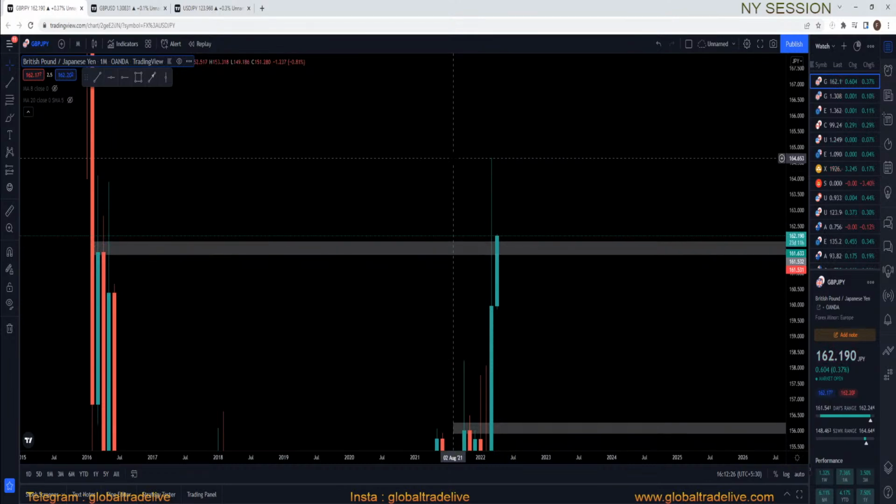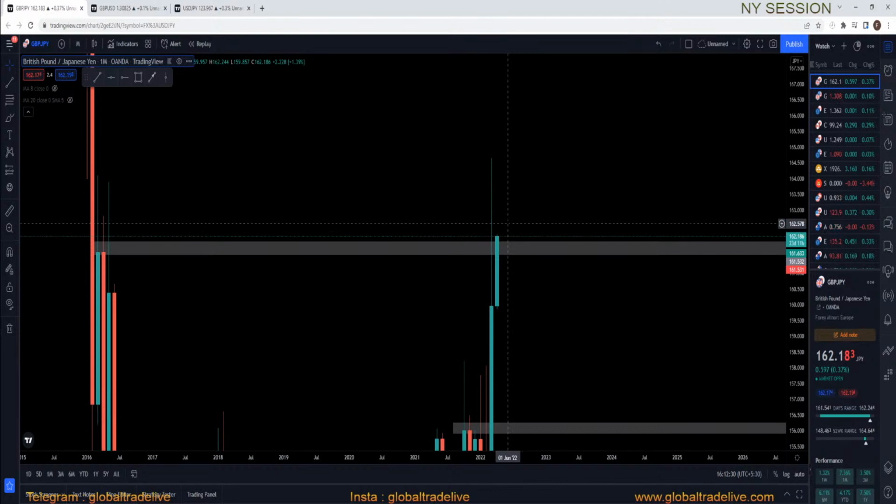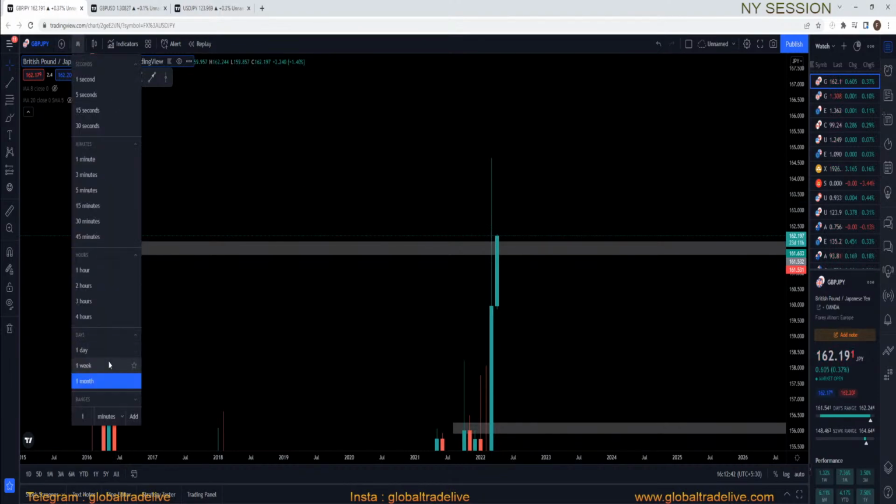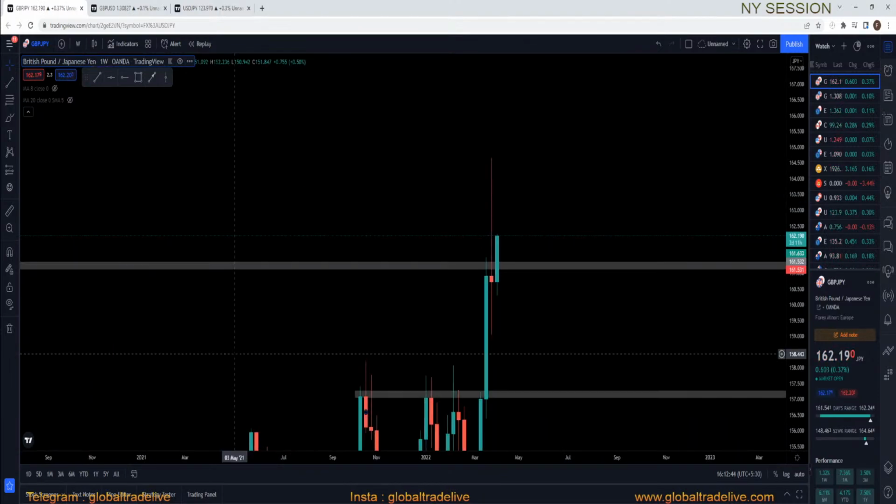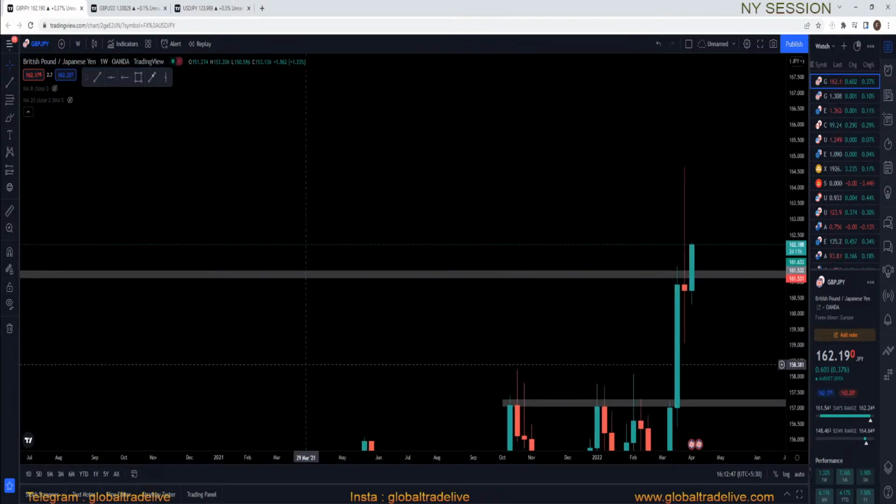Now the rejections will be coming up in the market, right? We don't know whether the monthly candle of GJ will be moving all the way up from here, or will it be rejecting this area and move down from here, like all the previous candles over here, right? So after the monthly, let's go to the weekly over here and look at the weekly time frame.